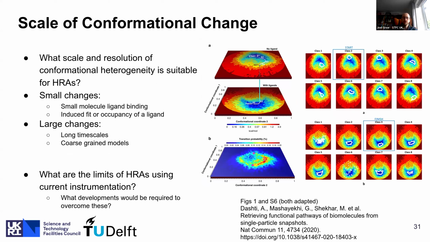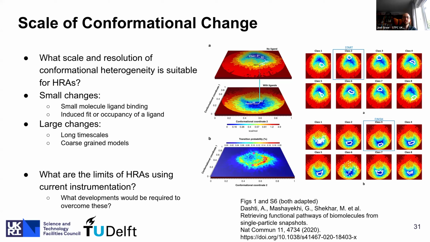One other thing we're interested in starting to investigate is what scales and resolutions of heterogeneity heterogeneous reconstruction algorithms are actually capable of encoding. We'd like to start looking at small conformational changes, potentially those caused by maybe the induced fit of a ligand, or whether we're able to use these algorithms to detect the occupancy of a ligand in a dataset.